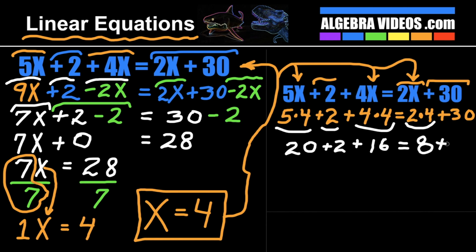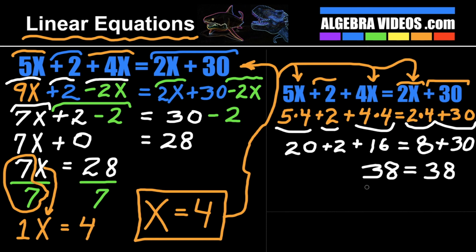And then plus 30 right there is not going to change. All right. So let's do the math and simplify the left side. 20 plus 2 is 22. Plus 16 is 38. So on the left side we have a 38. And that equals, on the right side, 8 plus 30. Well, that is 38.